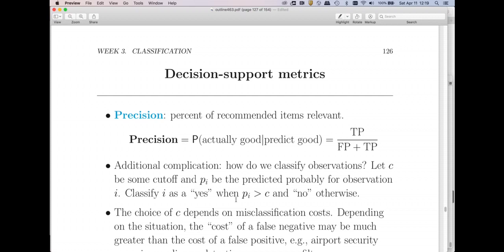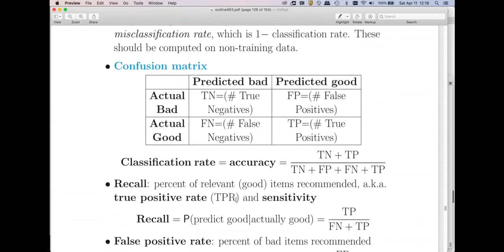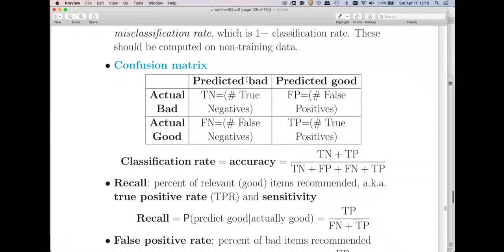But the model really gives us numbers in between 0 and 1. So the model might say there's a 70% chance that you're going to buy from me today, and a 30% chance that you don't buy from me today. So where do I make the cutoff in order to make my confusion matrix? Because the confusion matrix is binary. It's either predicted you're going to buy or not buy.